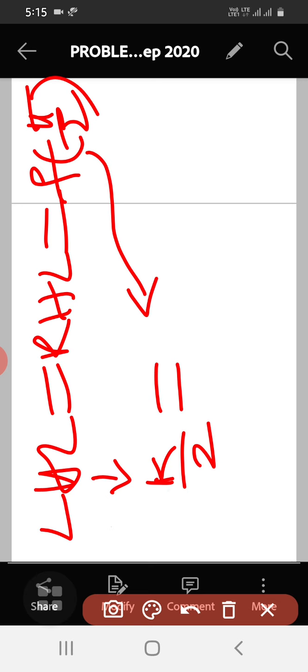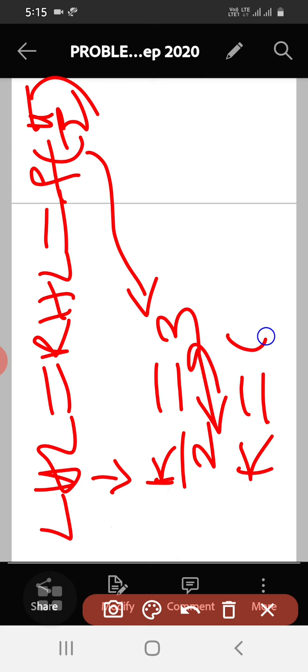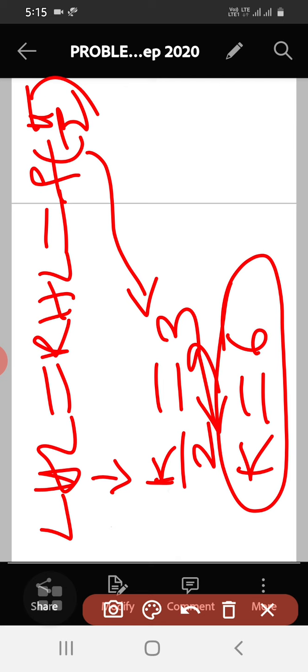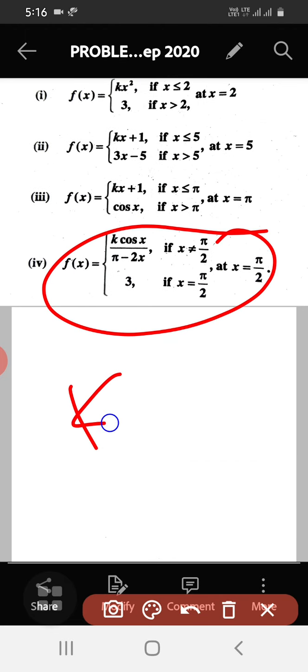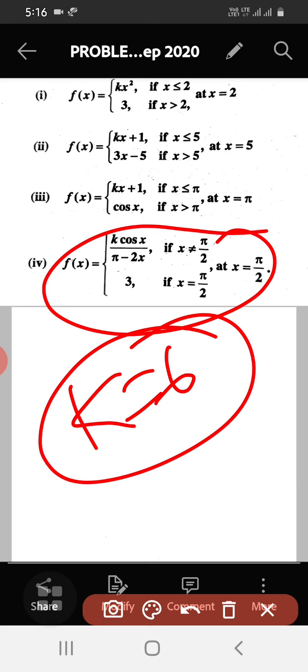Then f of pi by 2, the value, is 3. Then you cross multiply this. So k is equal to 6. This is a question for 4 marks, so you have to concentrate on this problem. What is the value of k? k is equal to 6. So for this problem, we have worked out the value of k and found it to be 6. Okay, we shall consider some more problems in the next class.